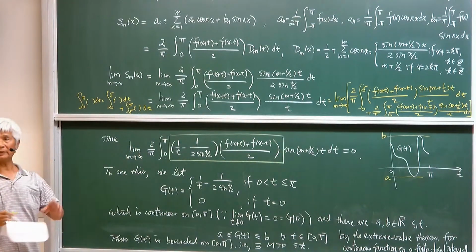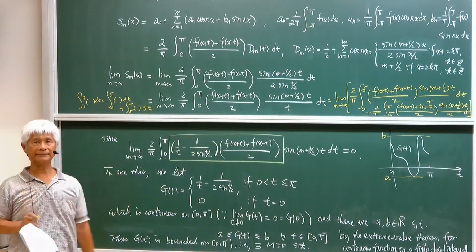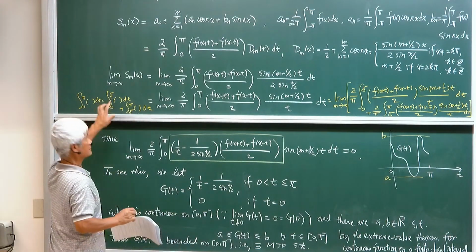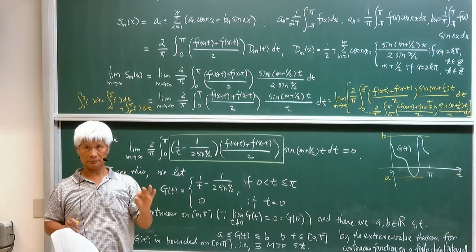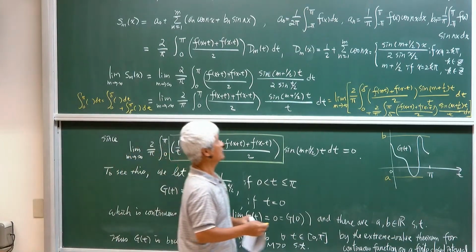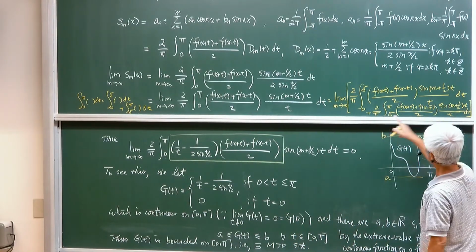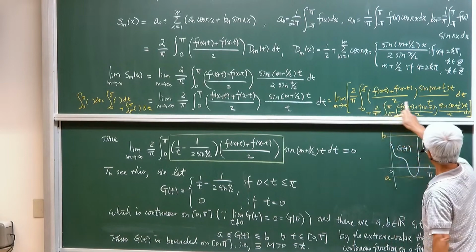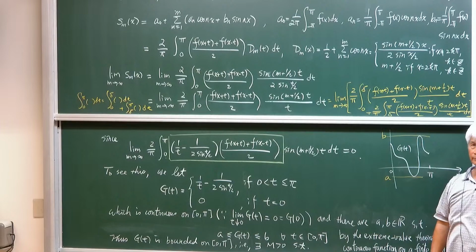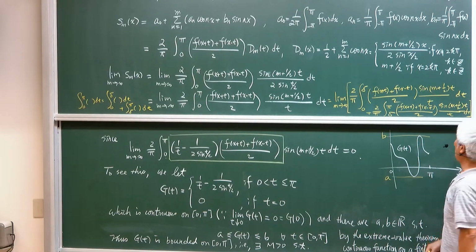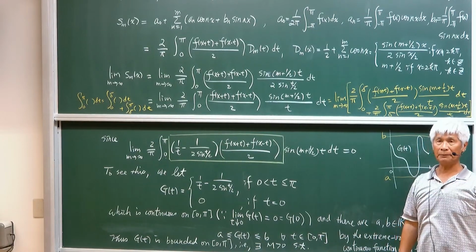So we break down the integration interval into two pieces. Okay, and the delta is selected arbitrarily in between 0 and pi. So what we do is to show that when n goes to infinity, the second integral goes to 0. Go to 0. By what? Again, by the Riemann-Lebesgue lemma.